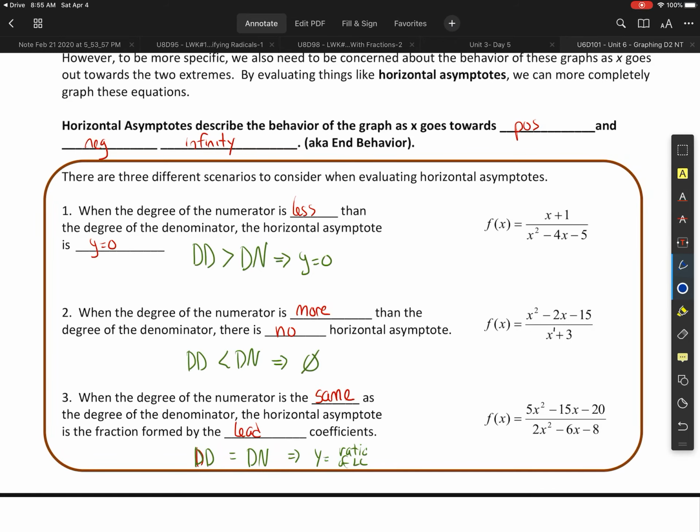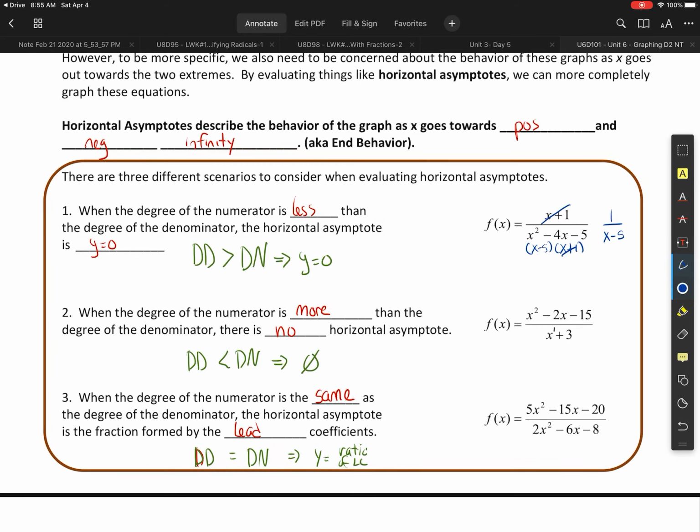Right, so what I like to think about is when x is really large. So if I look at this example here, if I factored x minus 5, x plus 1, I cancel, I have 1 over x minus 5.